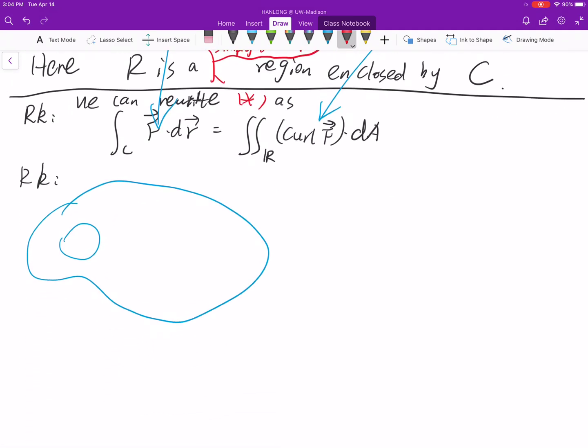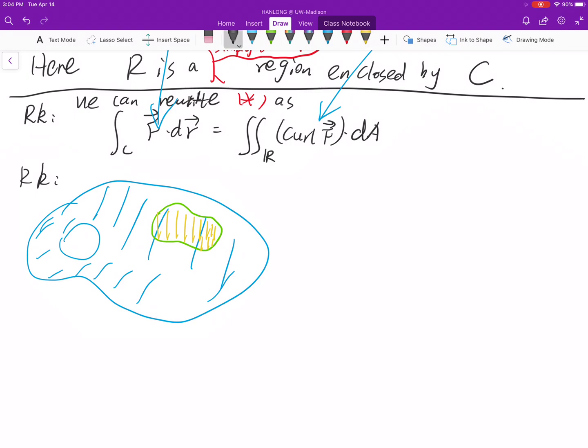Okay, so the situation would be like, this is your region, and this is your curve C, and the region enclosed is given by this.